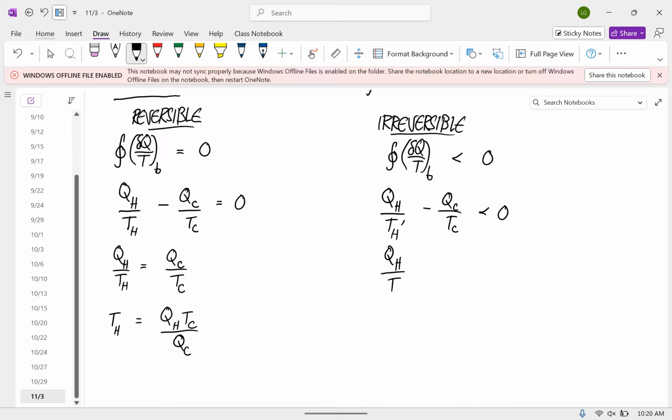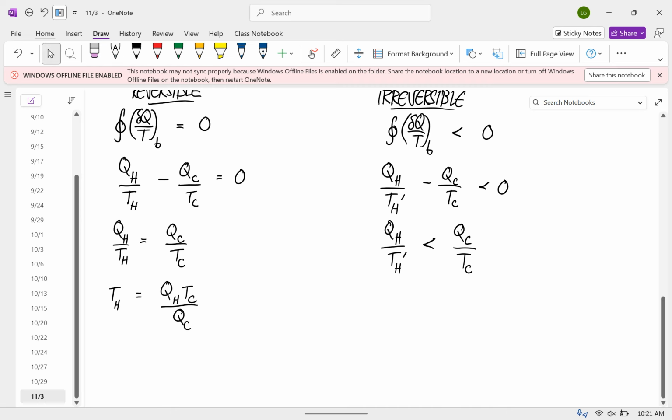So QH over TH prime has to be less than QC over TC. All of these are positive, so we can multiply and divide from both sides without changing the direction of the inequality.